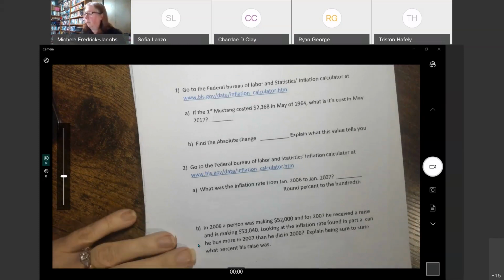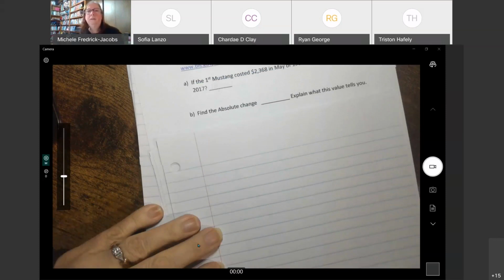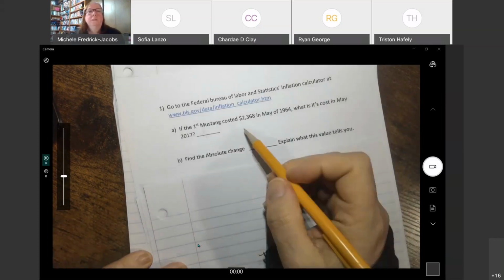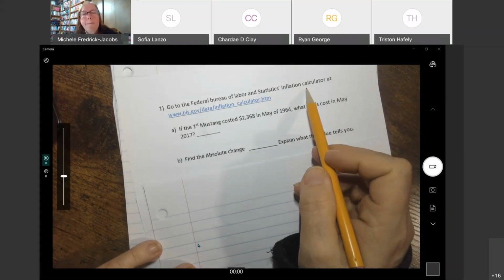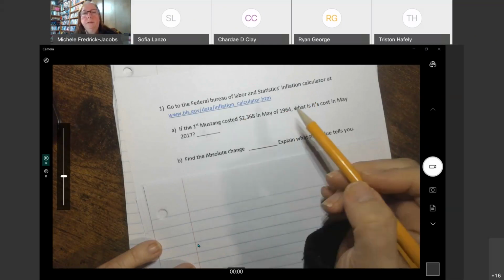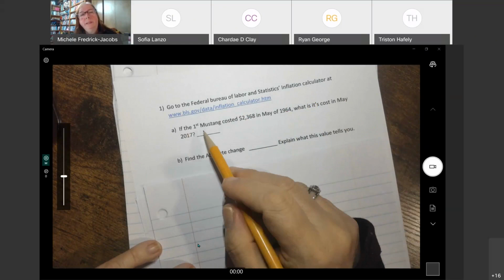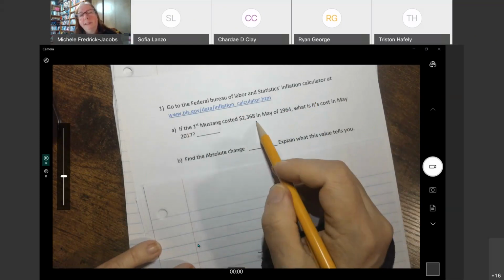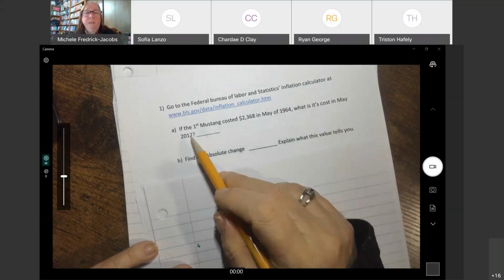Looking at number 1. This one you'll want to bring up your inflation calculator. And this is an underscore, it's not a space. It says, if the Mustang cost $2,368 in May of 1964, what is the cost in May of 2017?